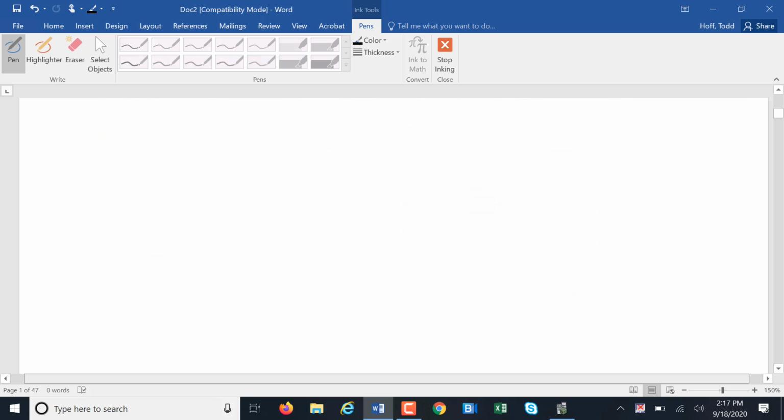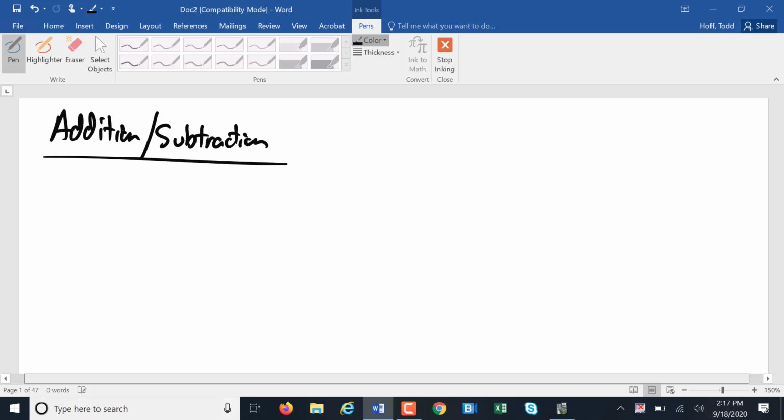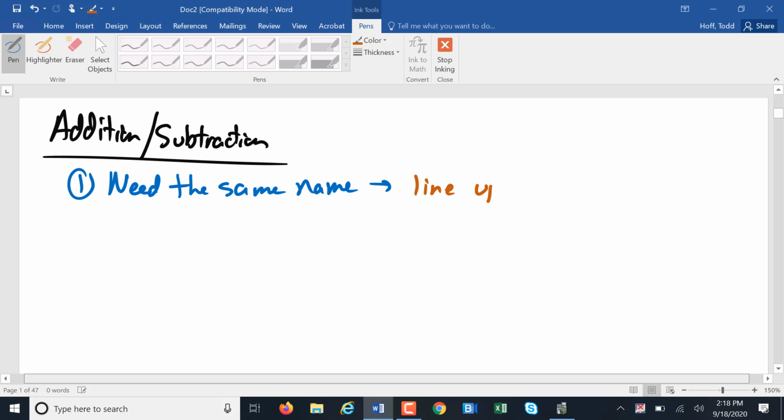So let's look at some of our operations here. We've got a couple minutes left before break time. So let's look at addition and subtraction. Remember, when we add and subtract, we need the same name. With whole numbers, that was lining up the place values. With fractions, that was the common denominator. With decimals, that is lining up the decimal points.